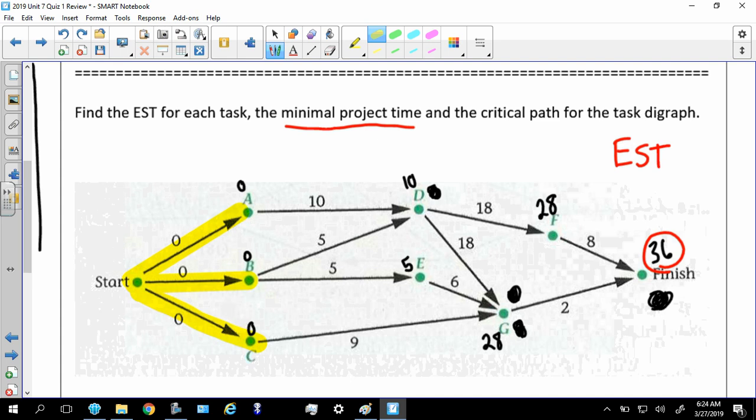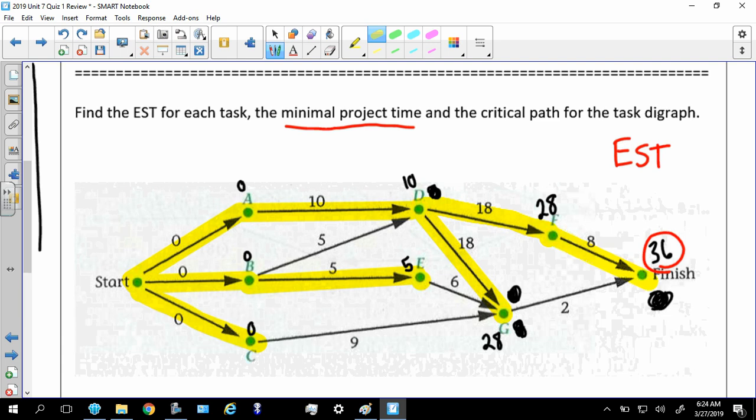So D here became 10 because you went through A. E, which is right here, became 5 because it went through B. Now, if you notice G here, G became 28 because it came through D. So notice that these 2 here just got terminated. All right. So obviously that's not going to be our critical path. Let's see. F, which is right here, through D, and then finish became 36.